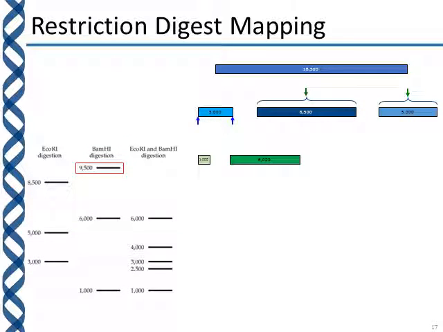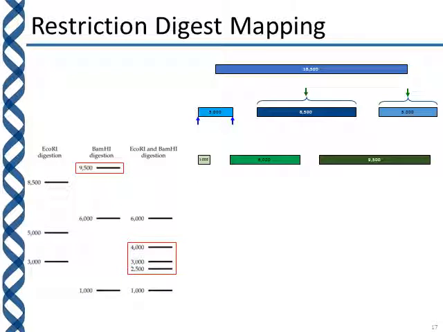However, as we saw with the EcoRI, in the BamHI digestion, the 9,500 fragment is missing, suggesting again that there is an EcoRI site within that fragment of DNA. And if we look at the double digestion, there are 4,000, 3,000, and 2,500 fragments.